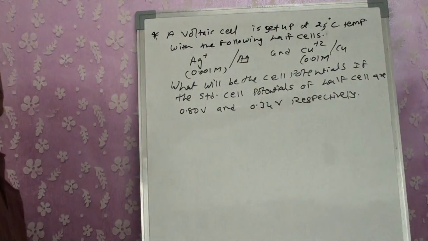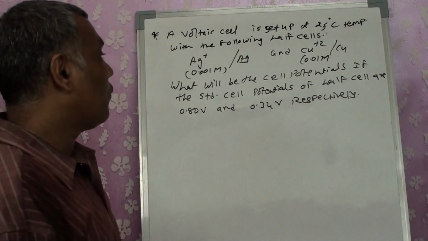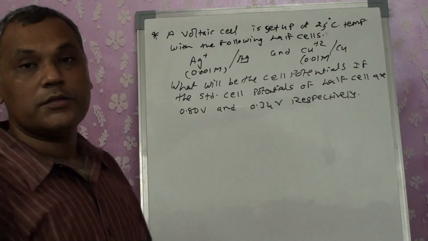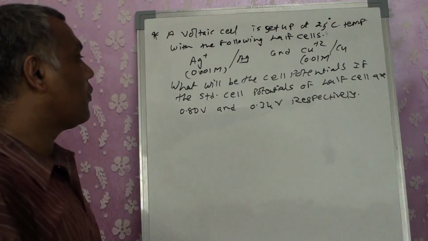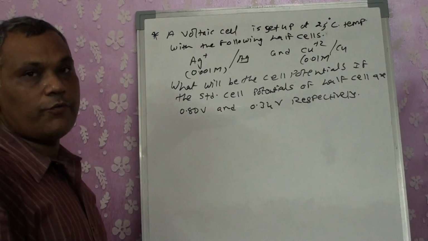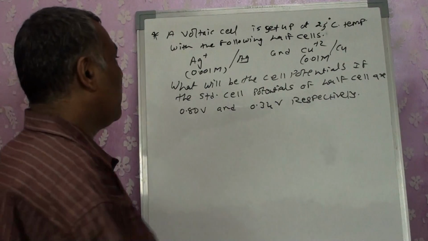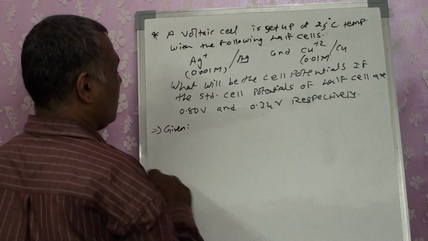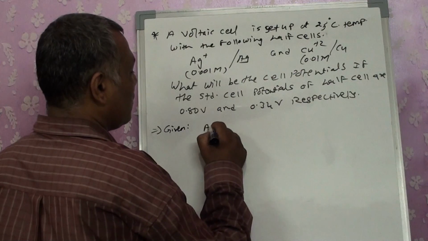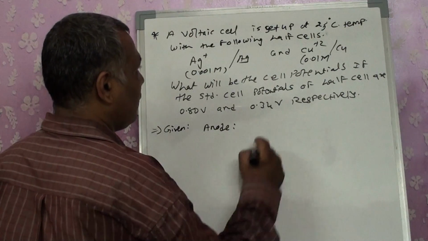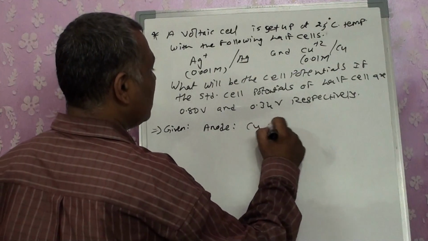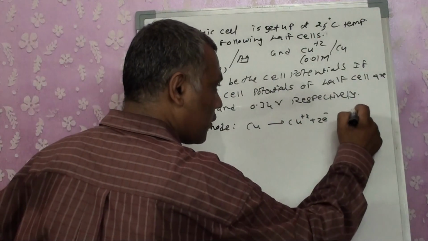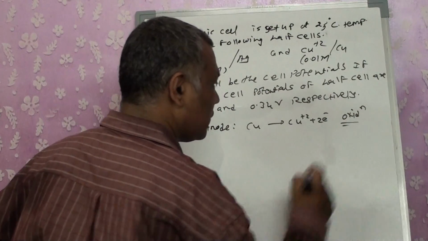The question asked is, what will be the cell potential if the standard cell potentials of the half cells are 0.80 volt and 0.34 volt respectively. That means on the anode, we will get Cu getting converted into Cu plus 2 plus 2e, that is, oxidation is going to take place.